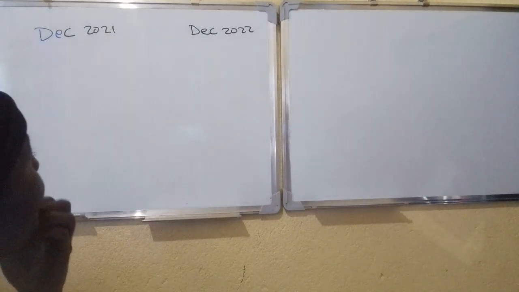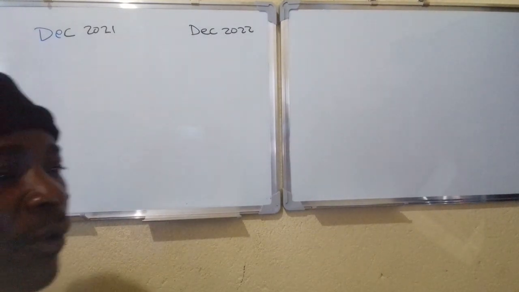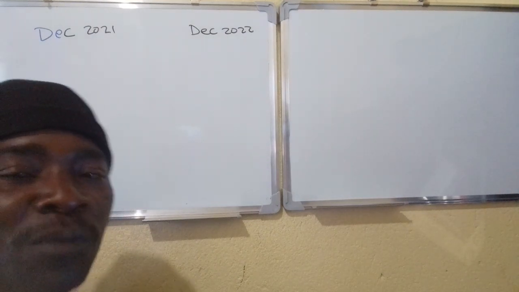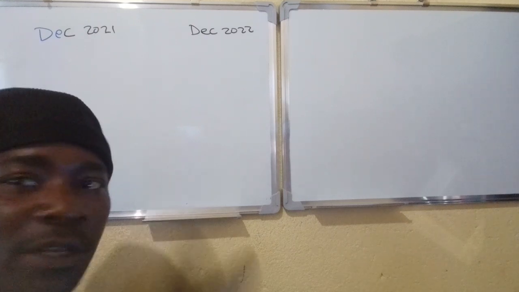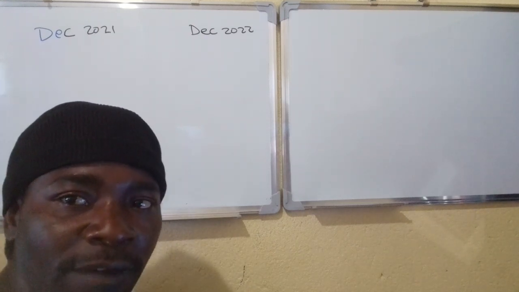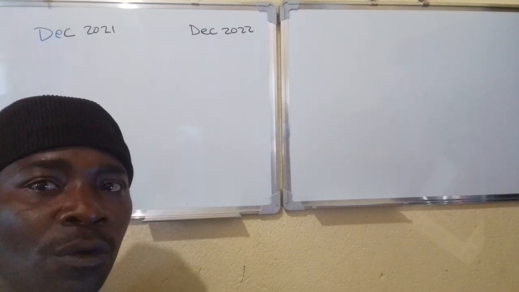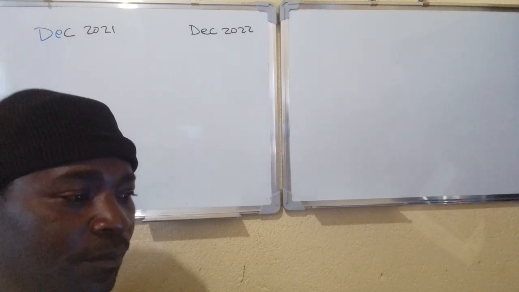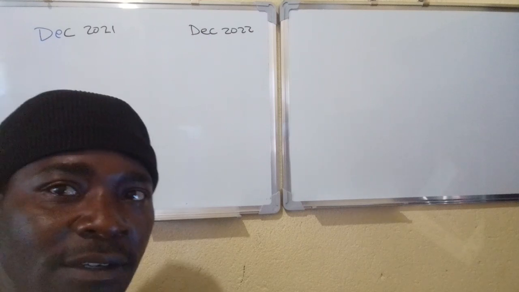Now, remember when you calculate inflation, you will be given the consumer price indexes. You don't calculate consumer price indexes. They are always given. So you use those consumer price indexes to calculate the inflation rate.